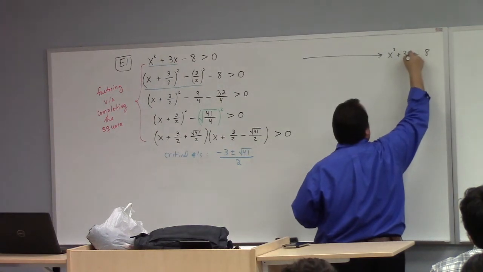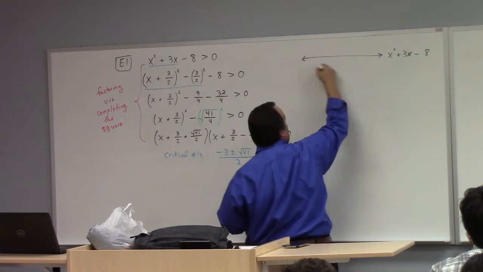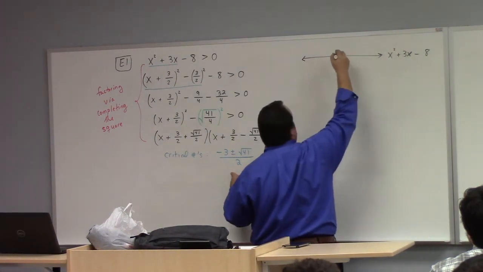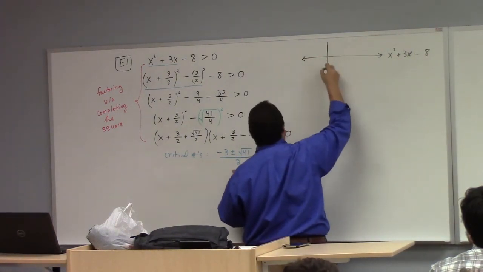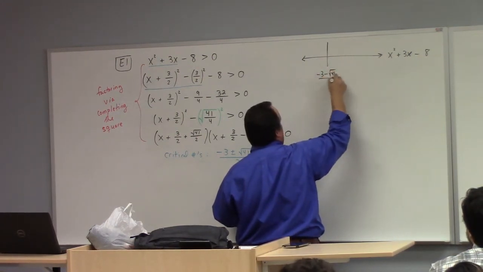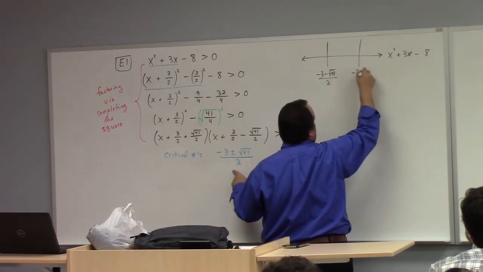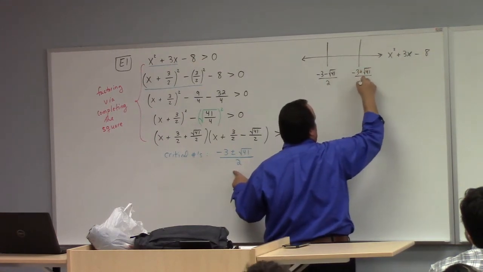That way I'm telling my reader that values on this number line have to do with this expression. And the numbers are minus 3 minus the square root of 41 all divided by 2, and minus 3 plus the square root of 41 divided by 2.